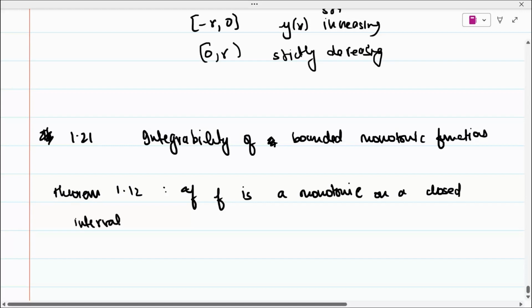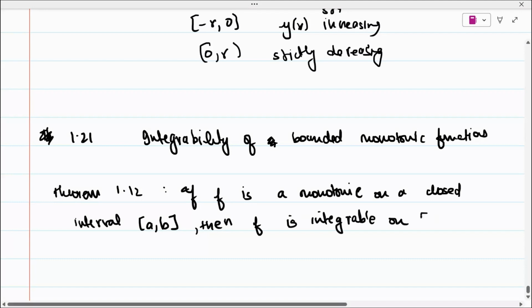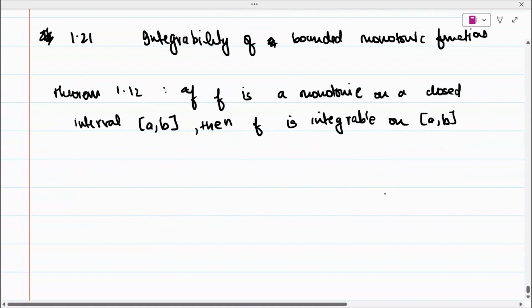Here's a thought: what happens if it's an open interval? That's very continuous.